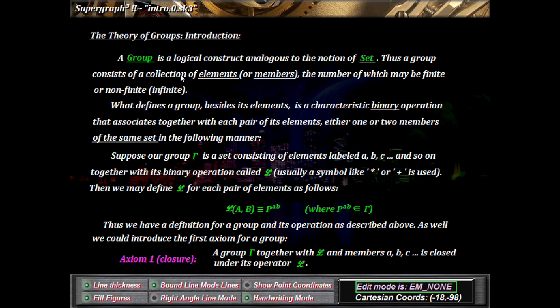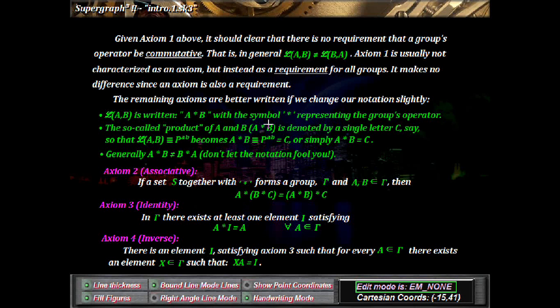Unfortunately, the standard notation is to just write any old letter C, and one is to understand that this expression, which is equivalent to this one, is one where A and B cannot generally be interchanged.